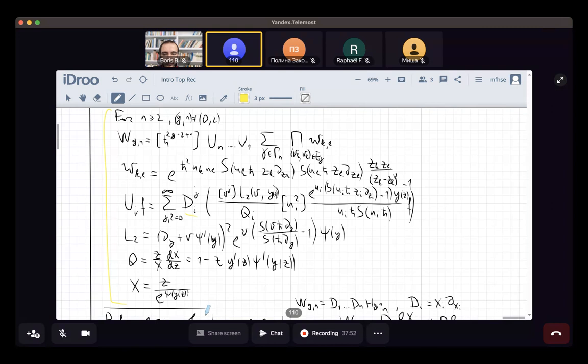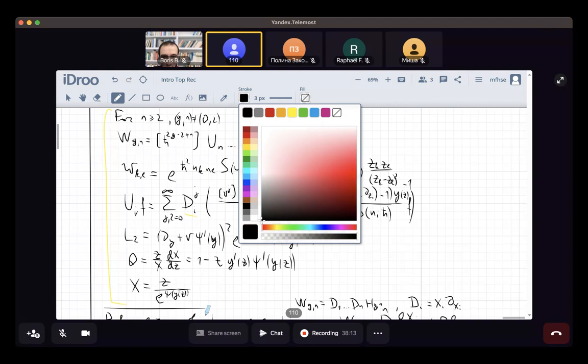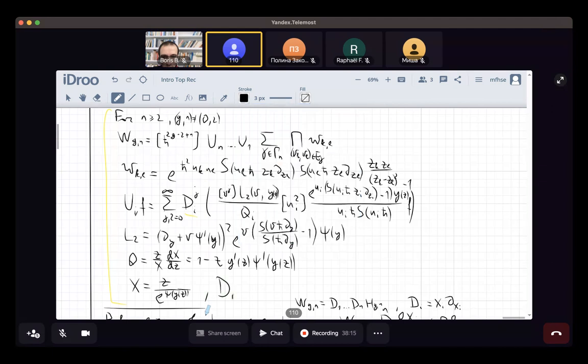So consider a fixed I, and let's look at the point Pi. Where can poles at this point Pi come from? I'm saying that they obviously can come from Di, because Di is xi d over dxi.